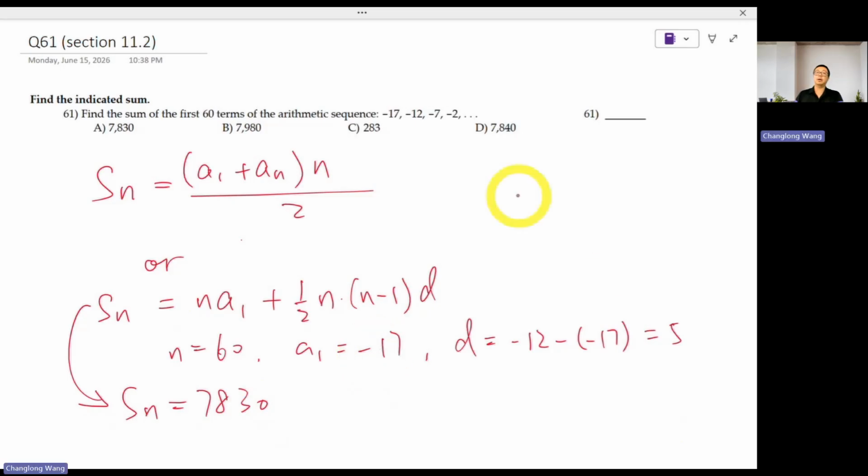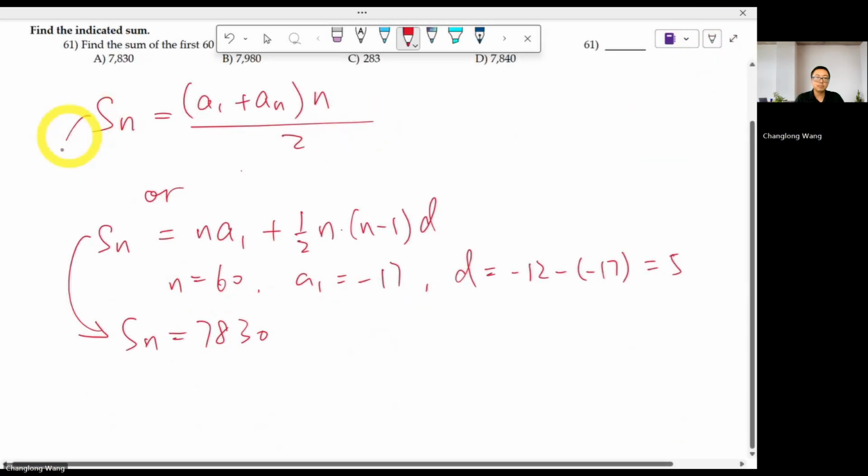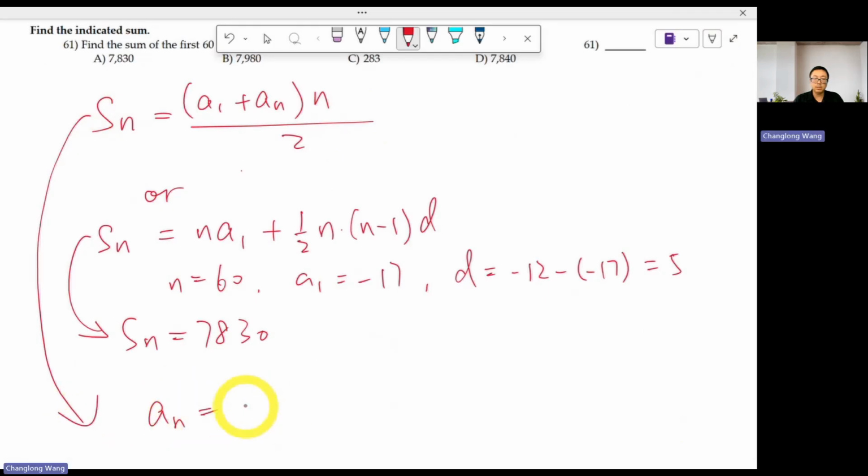But if you're such a big fan of Gauss's formula, the one in the first line, you do have n is 60, a sub 1 is negative 17. So all you need is a sub 1 and a sub n. But you can get yourself a sub n. So if you do want to do that, find what a sub n is, which is, by the way, a1 plus n minus 1 times the d.